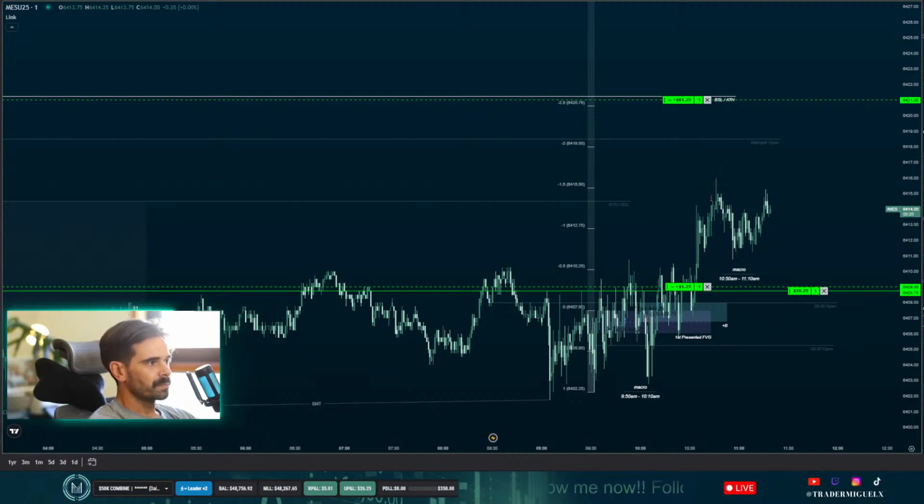So NQ moving a little bit higher. Let's see if NQ can eventually catch up.